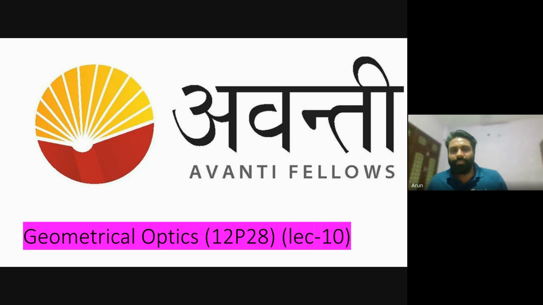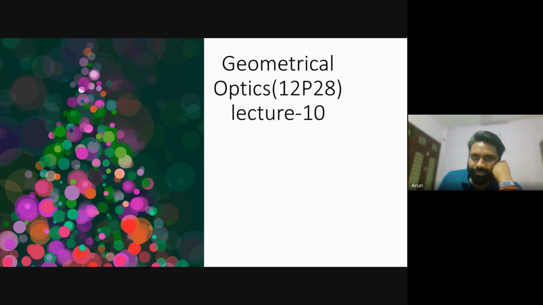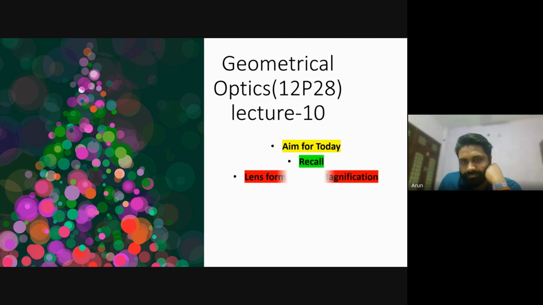So let's just get started. Here we are with lecture number 10 of geometrical optics, or you can say ray optics. The aim for today is, firstly, we will recall some concepts learned in the previous chapter. Then lens formula and magnification.